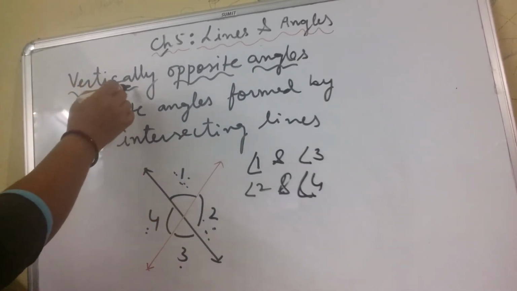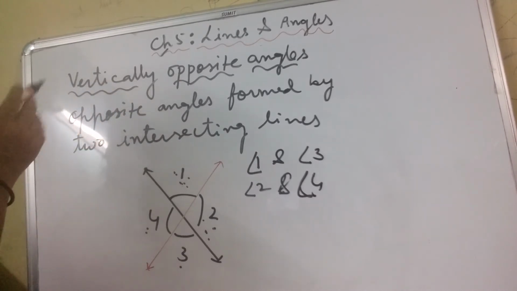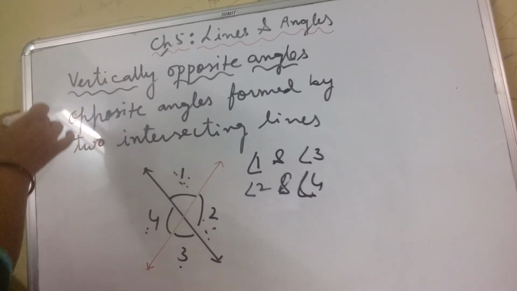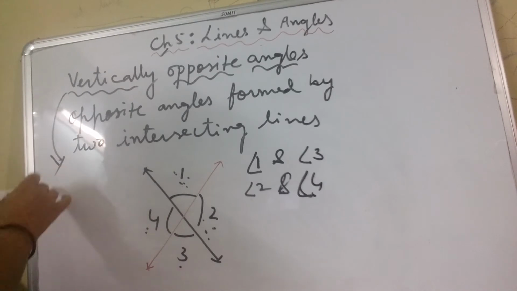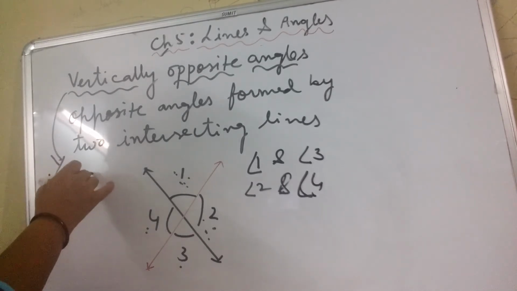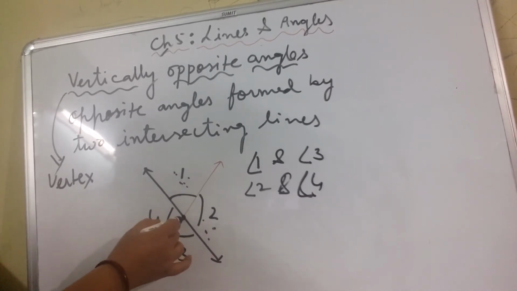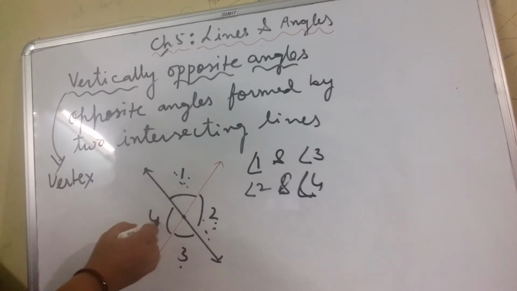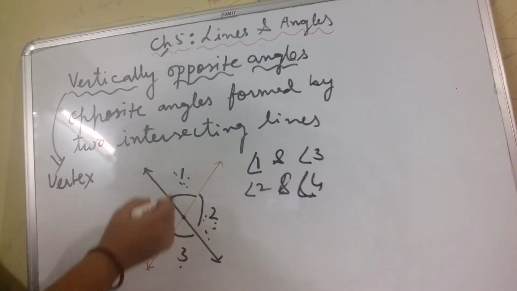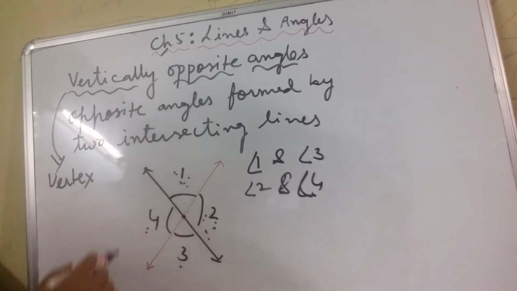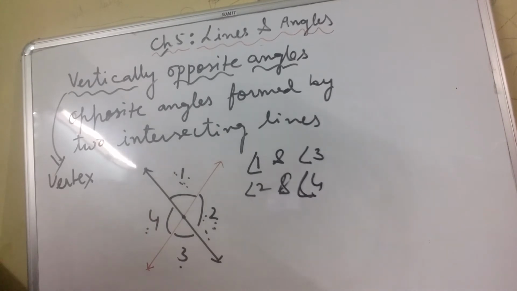This word vertical doesn't relate to vertical and horizontal. This word vertical has come from vertex. Angle 1 and angle 3 share their vertex, and angle 2 and angle 4 also share their vertex. That's why they are called vertically opposite angles.